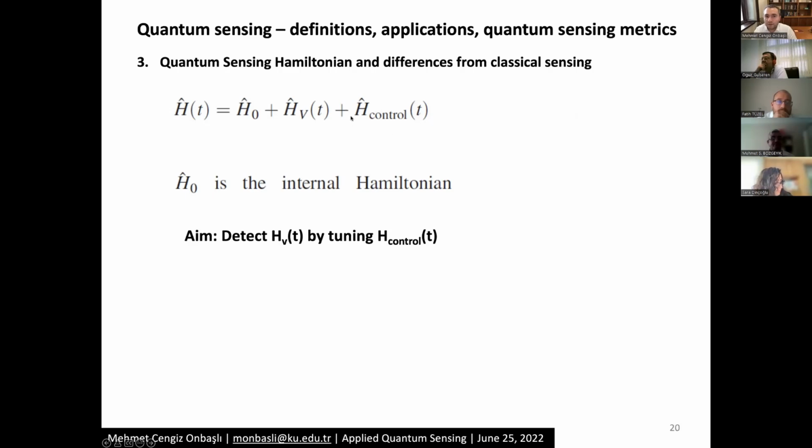So what we do here is we apply our external field or external voltage, which also changes H0 and HV. HV is essentially the signal that we want to read, and these kinds of oscillations that we have in the H control or in the DC form can help reconstruct the amplitude or the phase of our external signal.